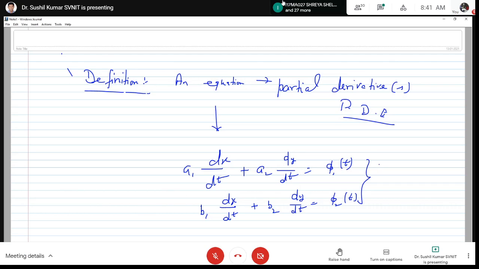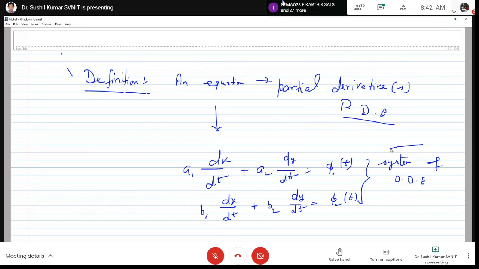So this is a system of ODE. In case of a system of ODE, we have more than one dependent variable and only one independent variable.